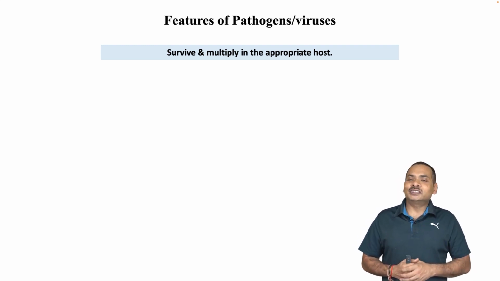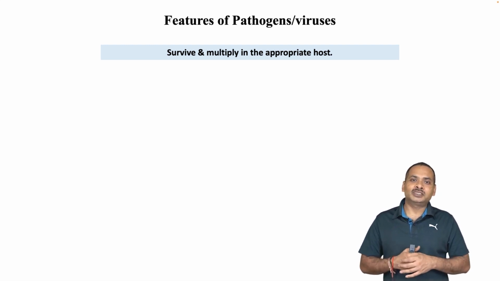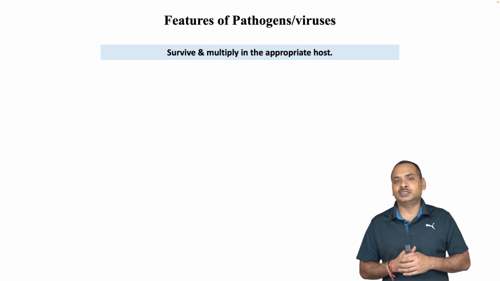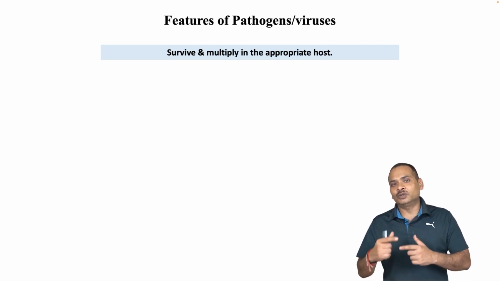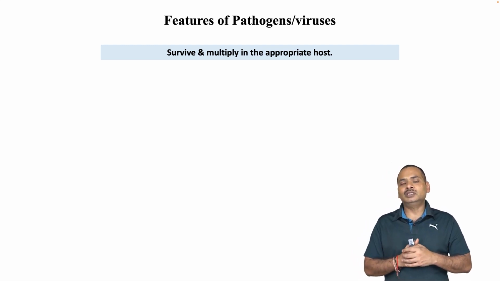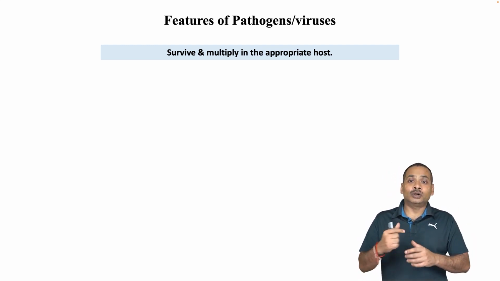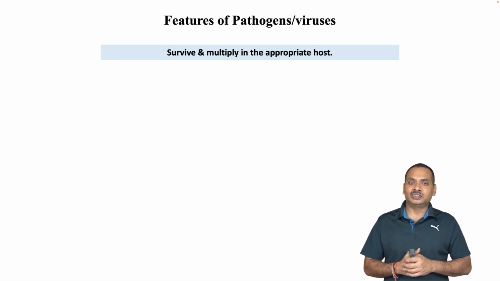So what is the aim of any species? The aim of a species is continuity of the species. They want to replicate, they want to make their own copy, they want to reproduce, in order to continue their life. The continuity of life is the key aim of any living entity.